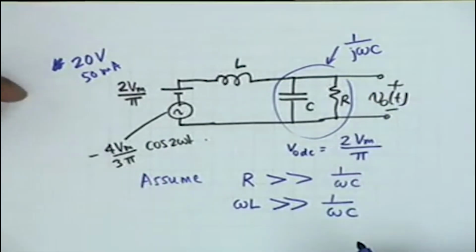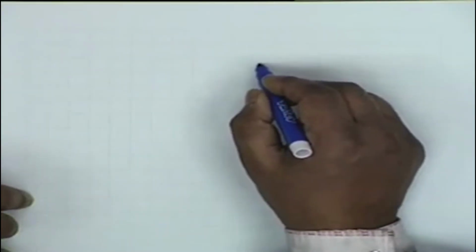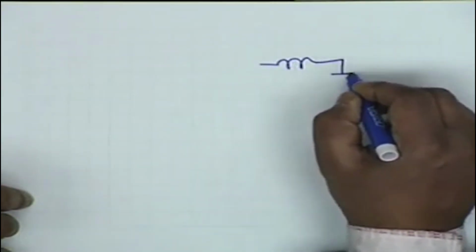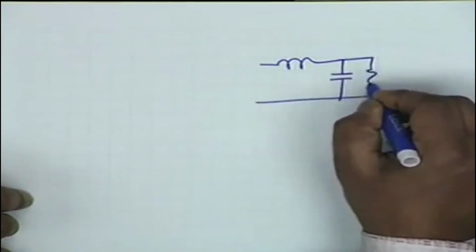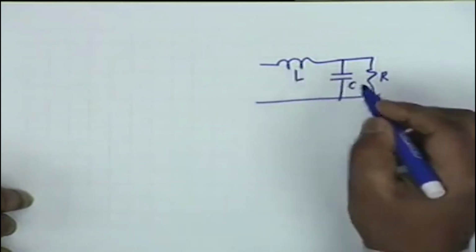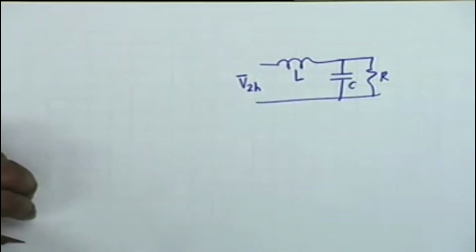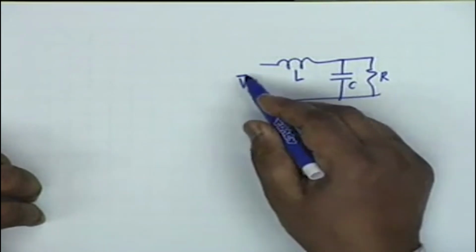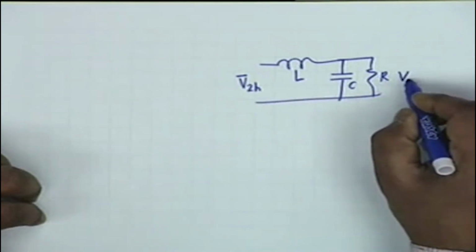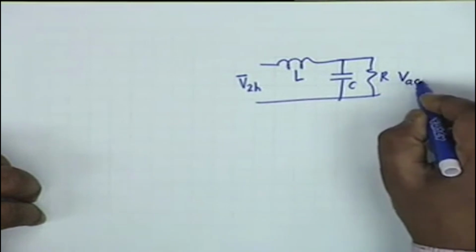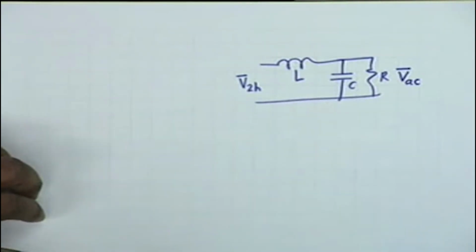Under these conditions, you see the phasor, the voltage phasor for the output, the AC phasor for the output, shall be simply equal to, if I draw this circuit again, L, then C parallel R. Suppose this second harmonic phasor is V2H, and suppose the phasor at the output is VAC.